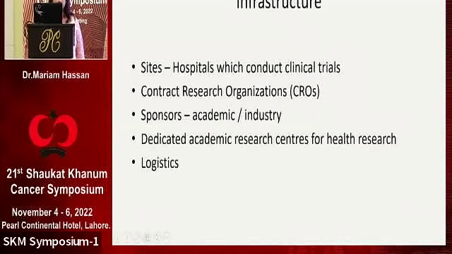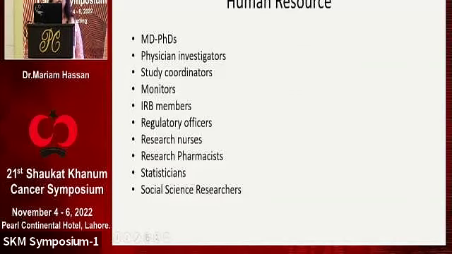In terms of infrastructure, we have few sites that can conduct clinical trials, some contract research organizations, some sponsors who are working on research, but very few dedicated academic research centers for health research. And one needs additional logistics as well, not just the buildings. You would need well-equipped centers, and of course you would need human resource. This is just a non-exhaustive list of the kind of human resource one would need for research.